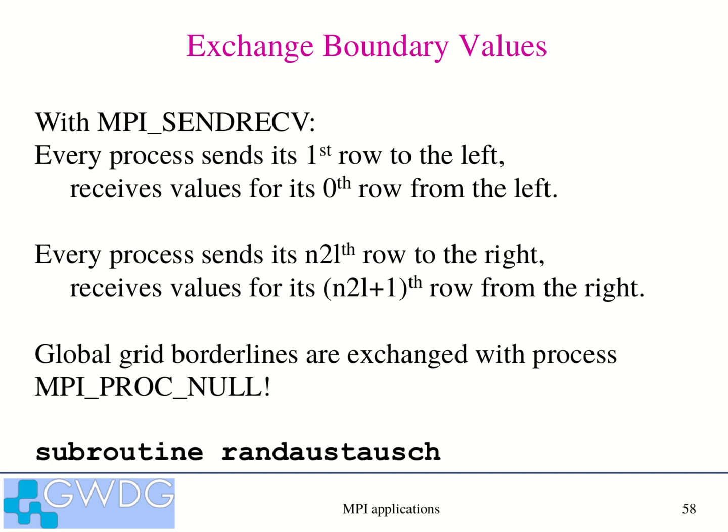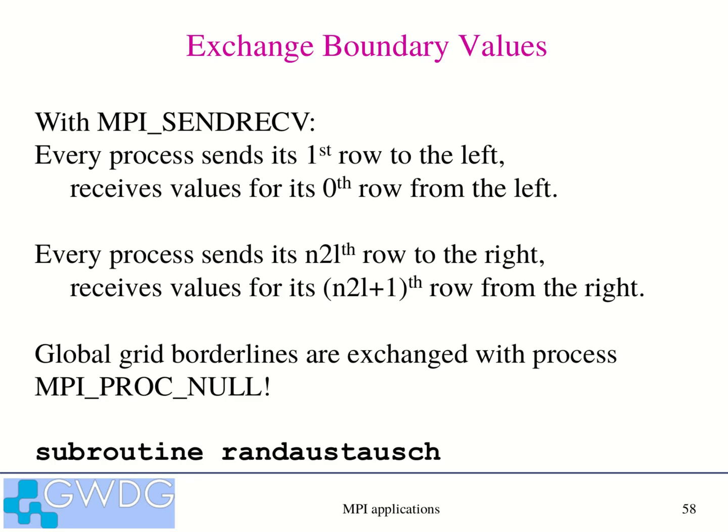And of course, as I showed you, the leftmost and the rightmost domain do not need to exchange boundaries to the left or respective to the right, because these are the fixed system boundaries.